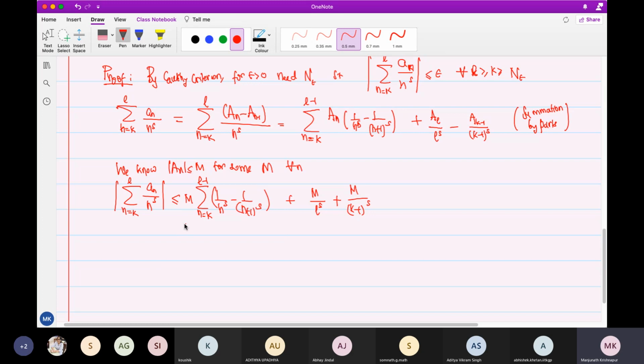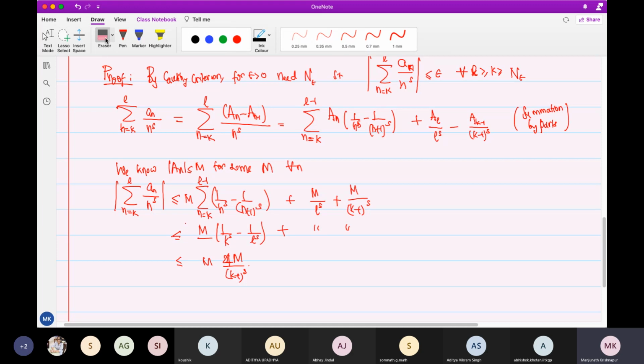So this is a telescoping sum, so we get 1 by k to the power s minus 1 by L to the power s, right? Plus the other terms, which are m times 2 over k minus 1 to the s.